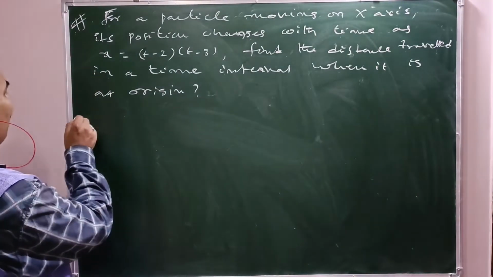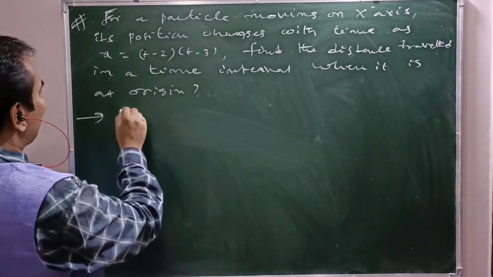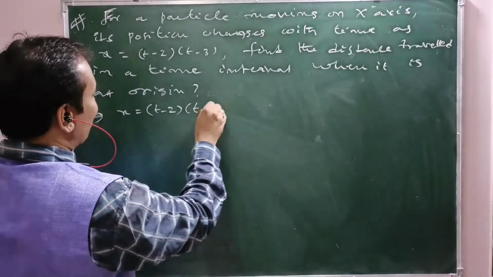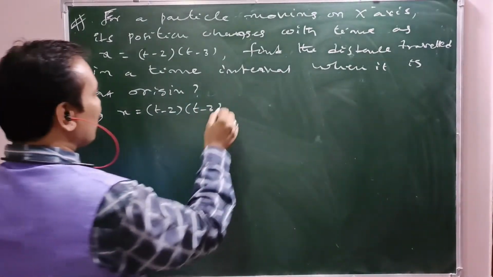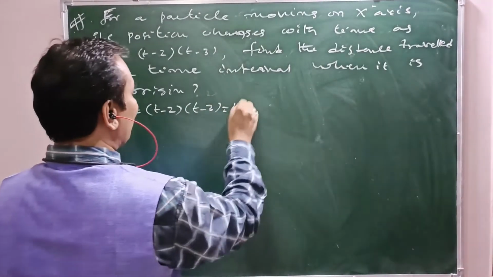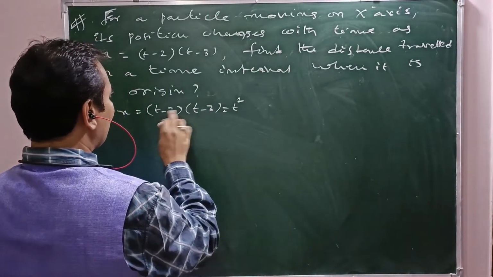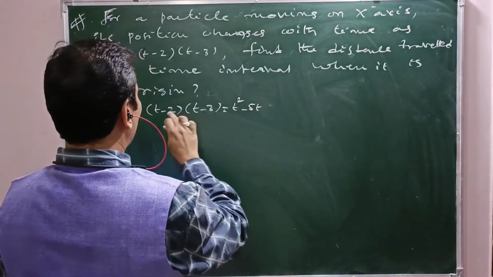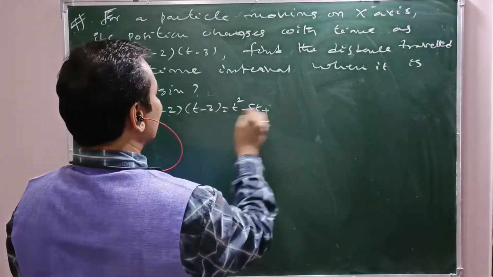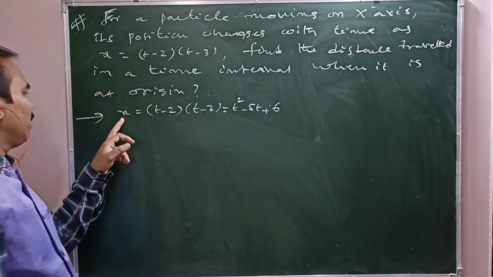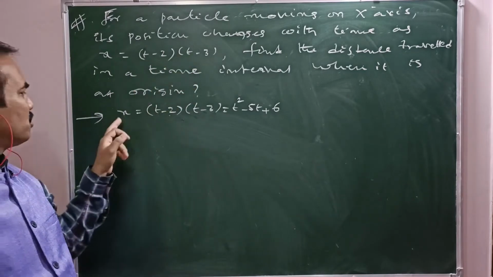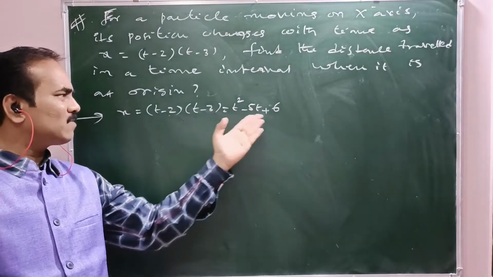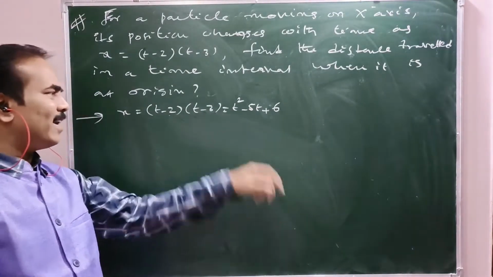Expanding, t into t square minus 3t minus 2t, that is minus 5t, plus 2 times 3 is 6. So the variation of position with time is x equals t square minus 5t plus 6.